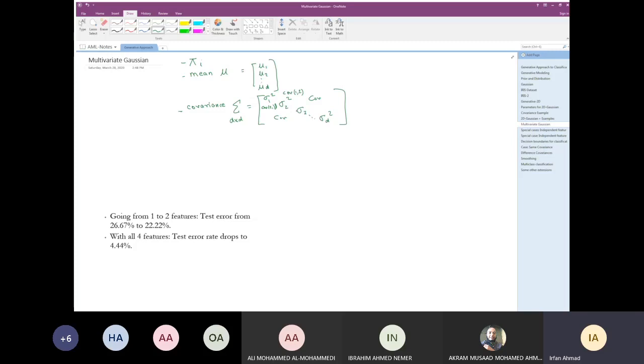Per class. And then what would be the general PDF? So what you're saying is P of X. I try to use black, it's much clearer on the screen. So what is P of X given Y? And again, keep in mind, X is not one value, it's a vector, right?